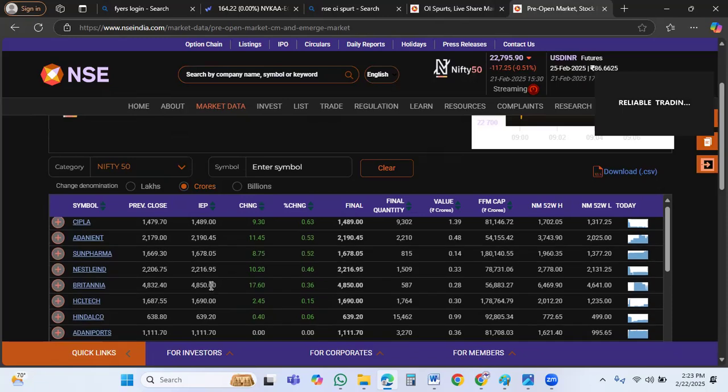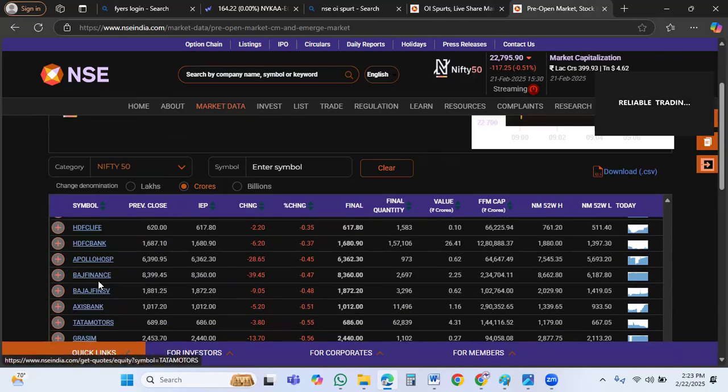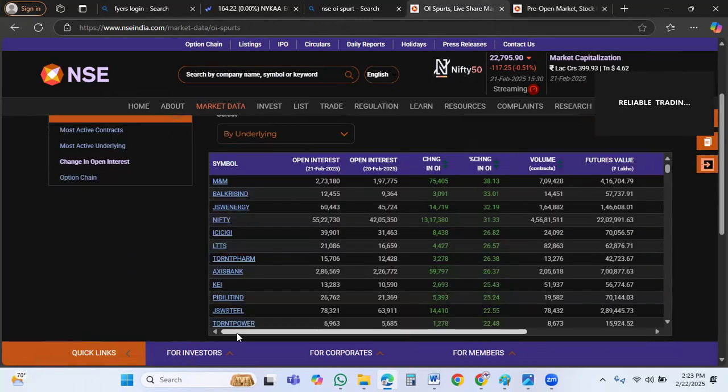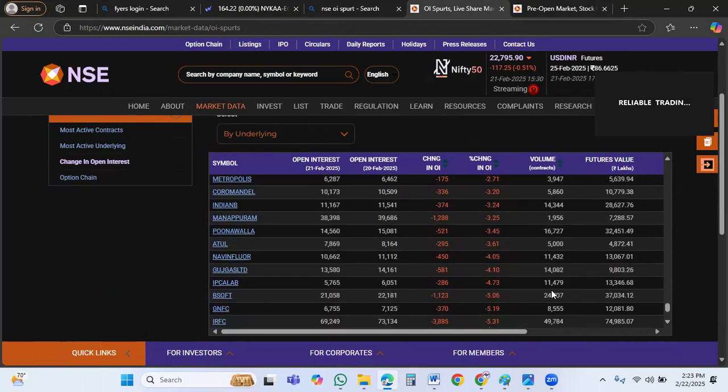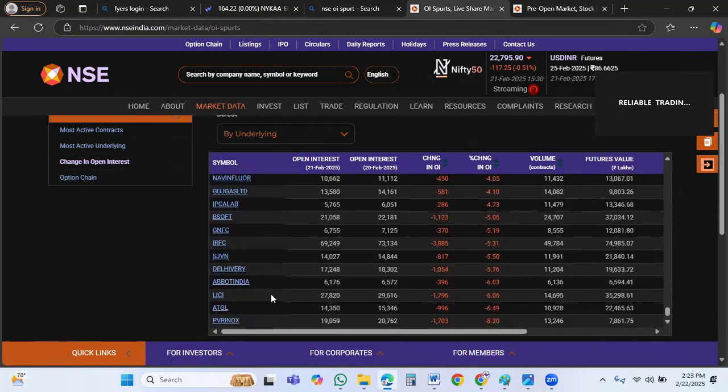We will do the same process for the bottom 5 or 7 stocks in the pre-open and match them with the bottom of the OI Spurt list. Suppose you find common stocks, they will become your watch list for the day.